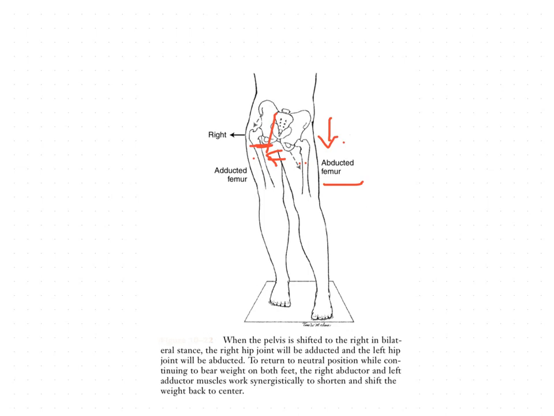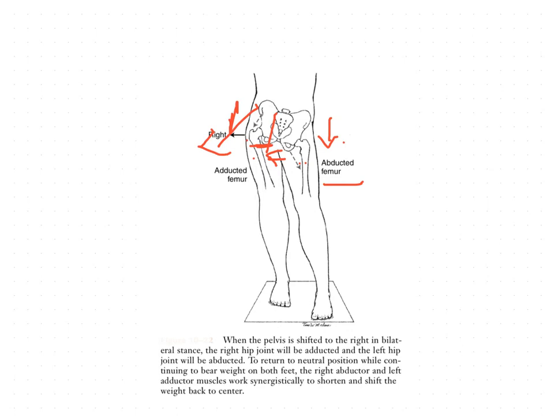Then what are the muscles required to work synergistically to bring this position into neutral? It means an active contraction of the hip abductors. Why? Because it is in adduction, isn't it? So with the contraction of the hip abductors, there is a tilting of this pelvis, isn't it?